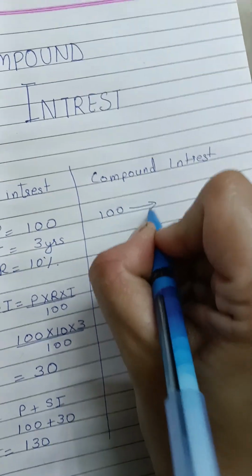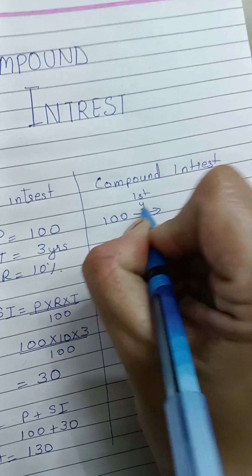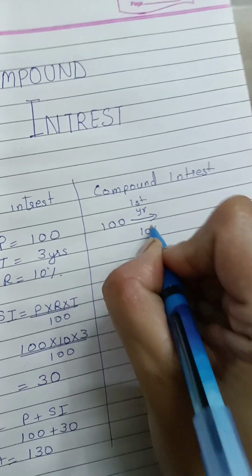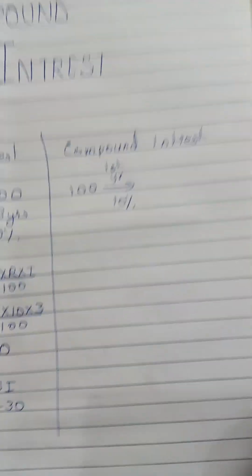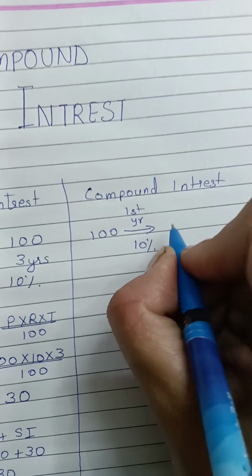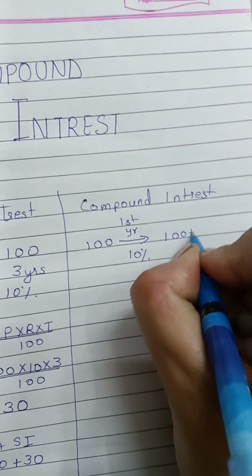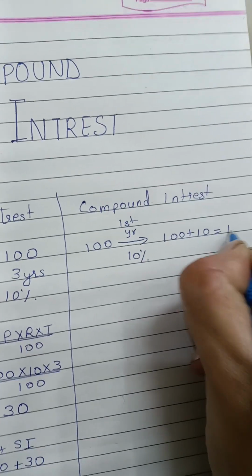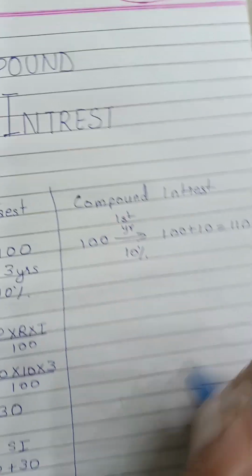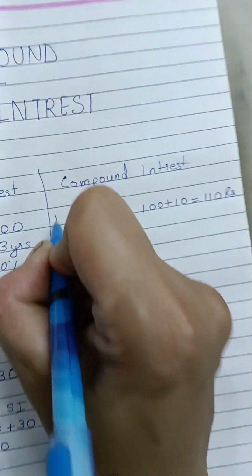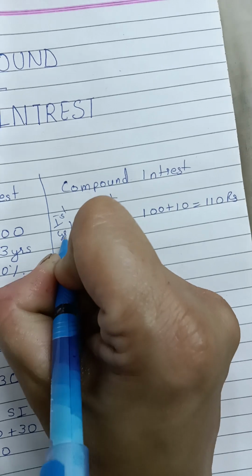For the first year I paid an interest of 10% and my amount became 100 plus 10 equals 110 rupees. Now this was for the first year.